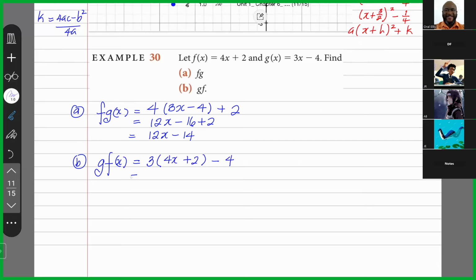And then I'm going to simplify. Distributive law, 3 times 4x is 12x. 3 times 2 is 6. So g of f of x is 12x plus 10.